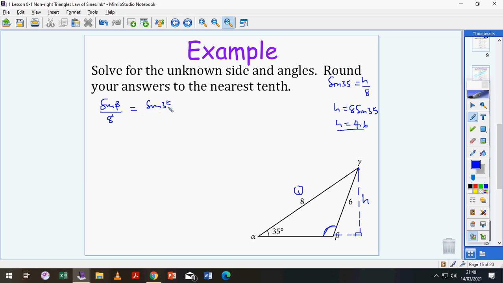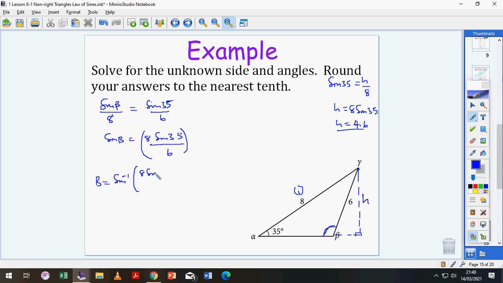When I do the single step, I have sine beta is equal to 8 sine 35 divided by 6. Since I want beta alone, beta is going to be the inverse sine. And again, please only substitute all of this in at the last step. The inverse sine of 8 sine 35 divided by 6.